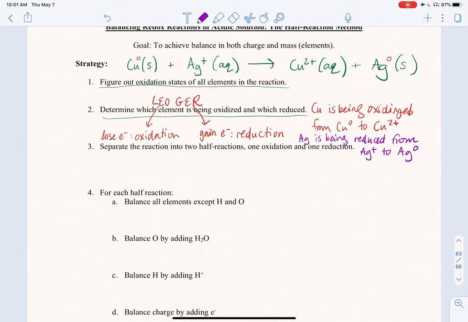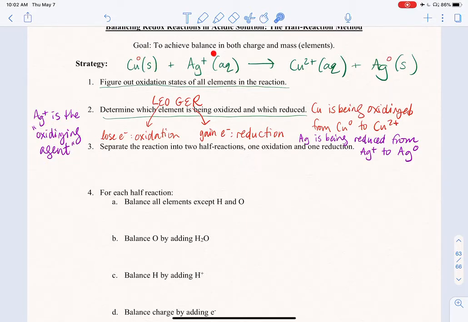Just a little bit more vocabulary. The silver is being reduced, and that means that we would call Ag plus the oxidizing agent. This is a little bit confusing for students because you're shifting the point of view, but the species that gets reduced functions as the oxidizing agent.